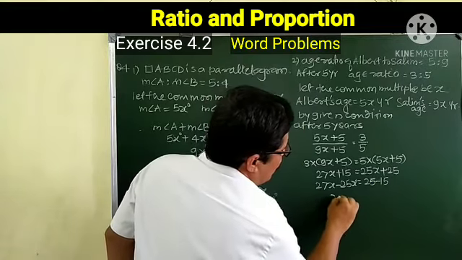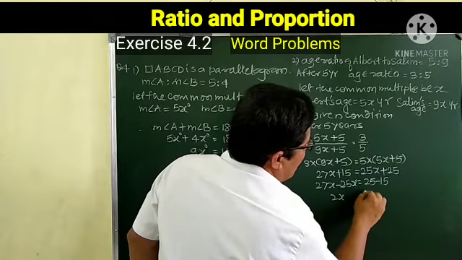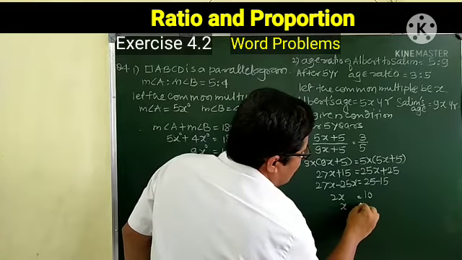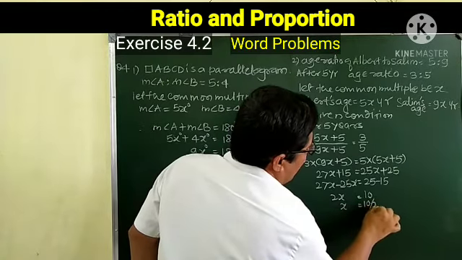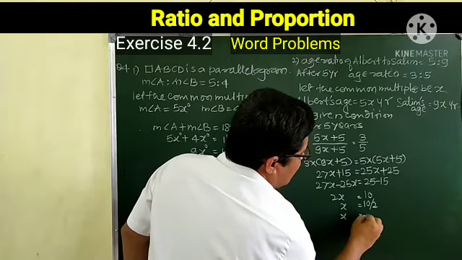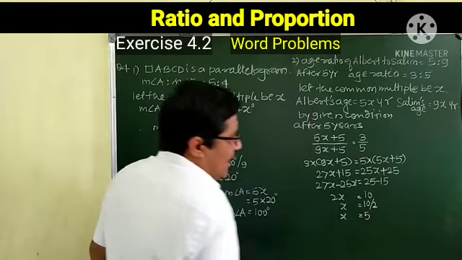So 2x is equal to 10. x is equal to 10 upon 2, that is x is equal to 5.